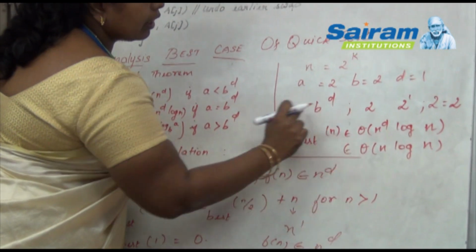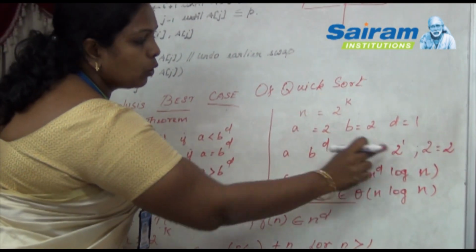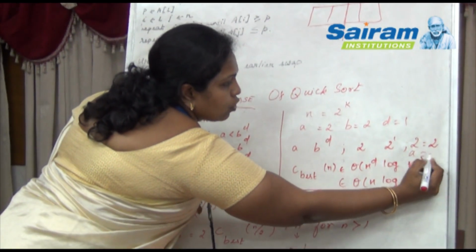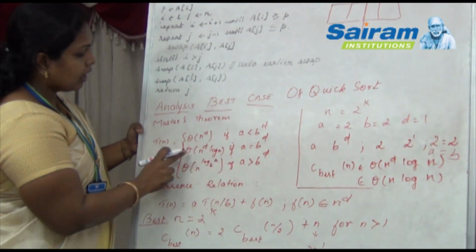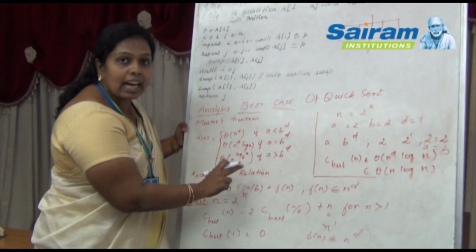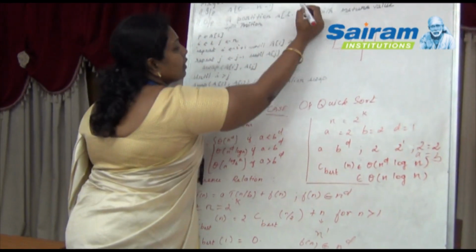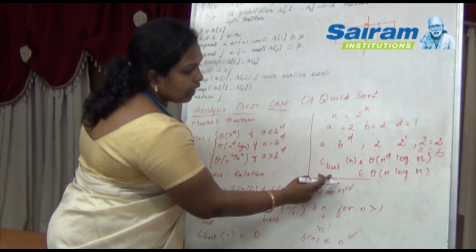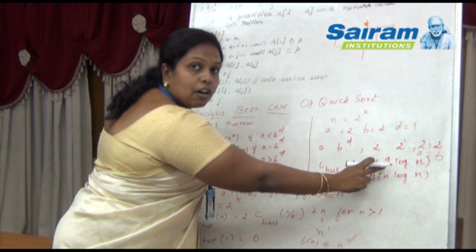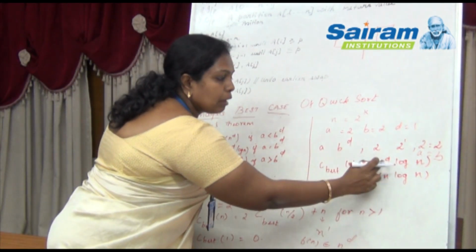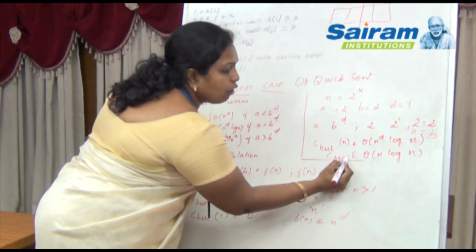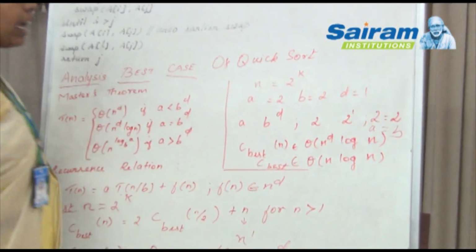So a is 2, b is 2, and b power d is 2, which gets us to the case a equal to b power d, which is theta of n power d log n as the efficiency class of the quicksort algorithm. Therefore, C best of n of quicksort is theta of n power d log n, and substituting 1 for d, we get C best of n of quicksort is theta of n log n.